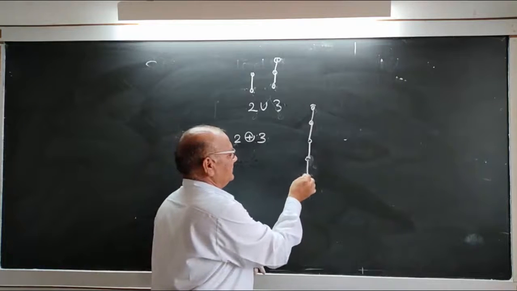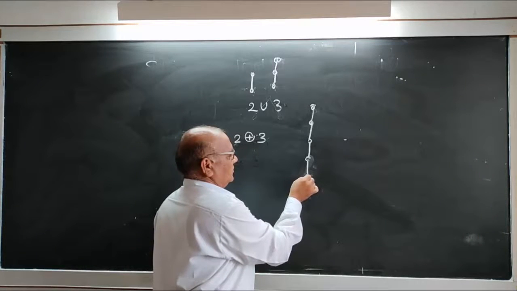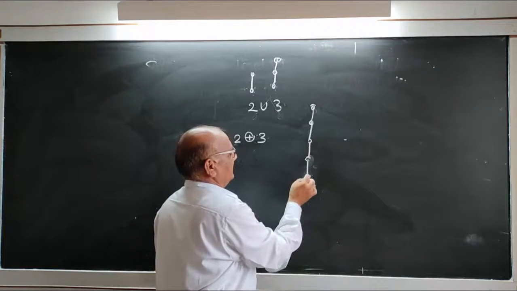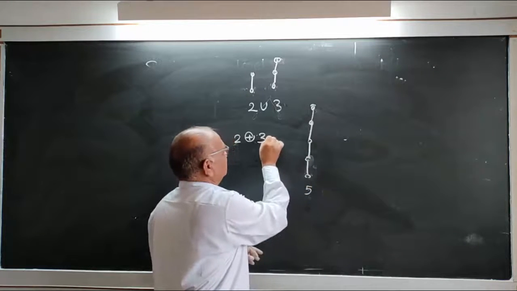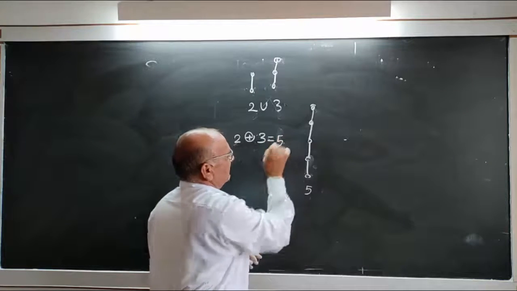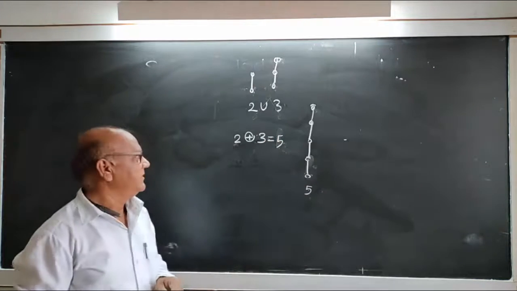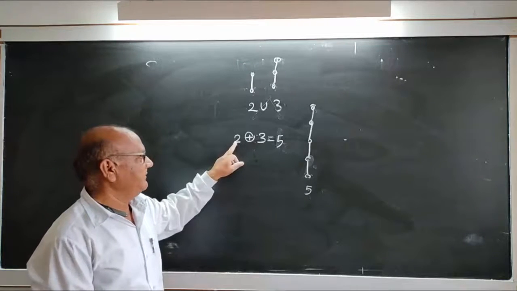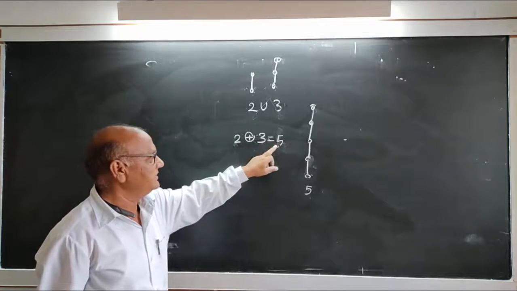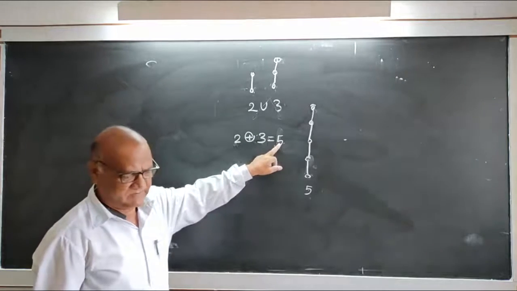And this gives 5. That means a chain of 2 elements plus a chain of 3 elements is equal to a chain of 5 elements.